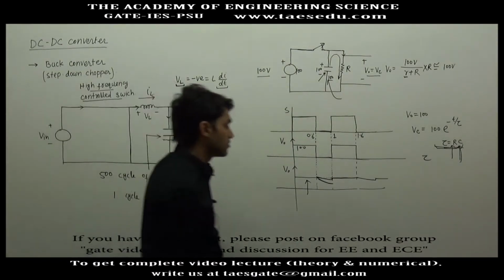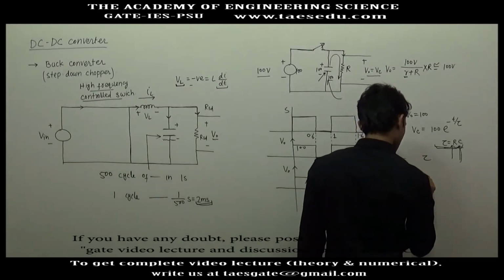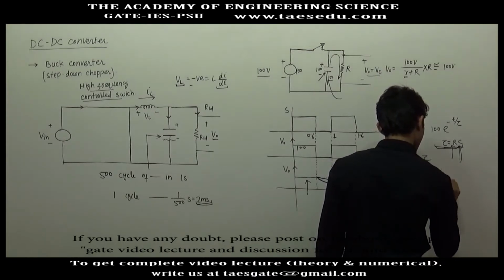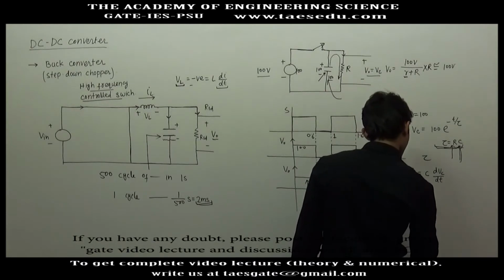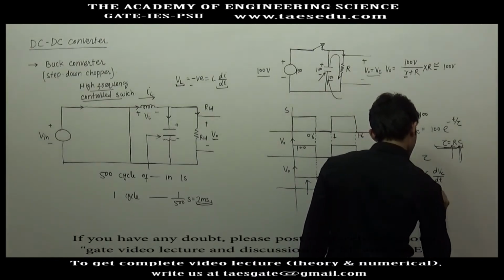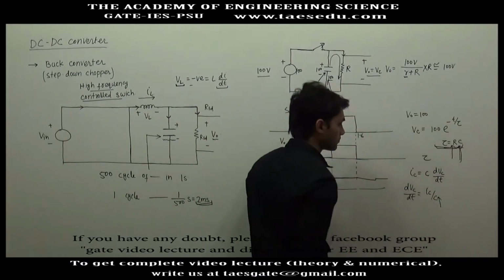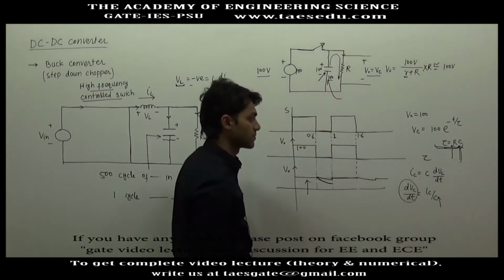Furthermore, you can also see with the help of this relation, capacitor current is equal to C dVc by dt. So what is the rate of change of capacitor voltage? This will be IC by C. Now if you increase the capacitance, the rate of change of capacitor voltage will be less.